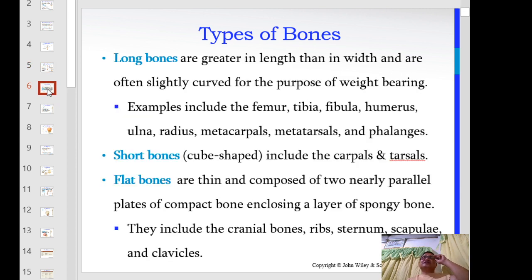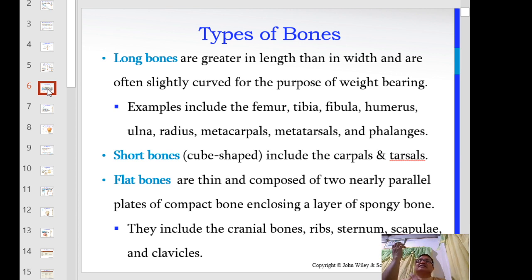So long bones are greater in length than width and are often slightly curved for the purpose of weight bearing. Usually your limbs are made up of long bones. Short bones are cube shaped, so they are found in the carpal bones and the tarsal bones.